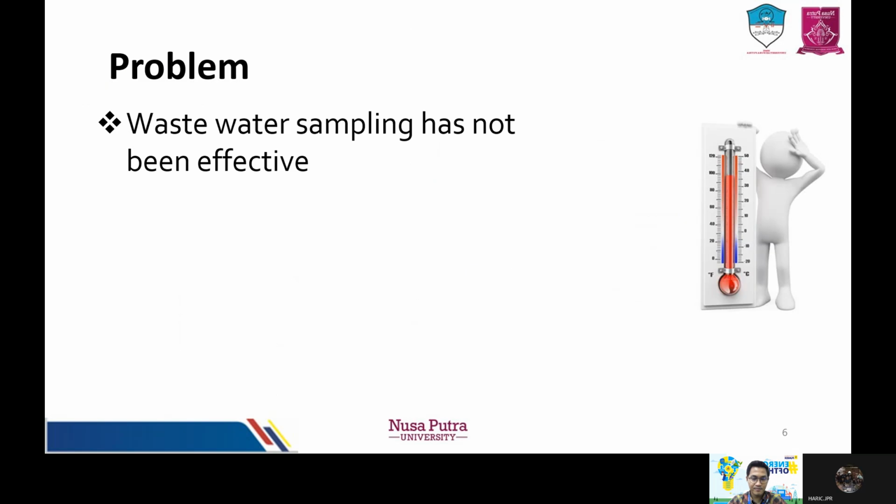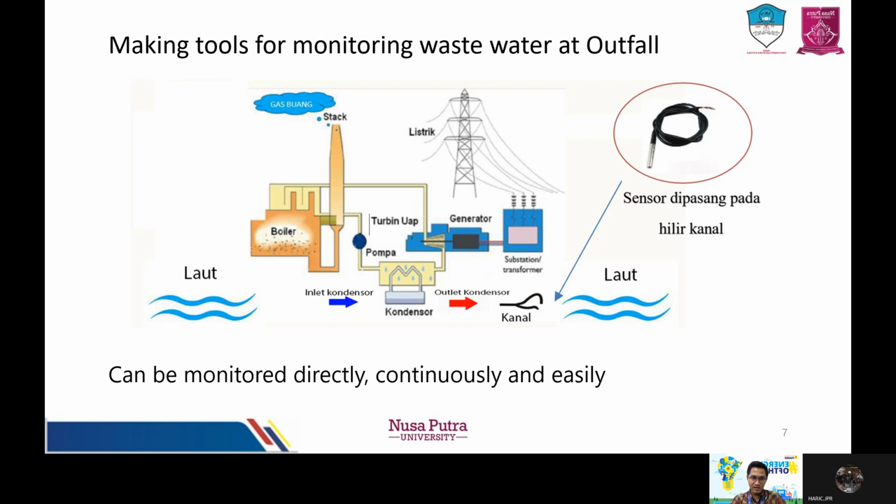Next slide. What's the problem? The problem is that water sampling has not been effective. Okay, you can see in this slide an explanation of when the project is applied.